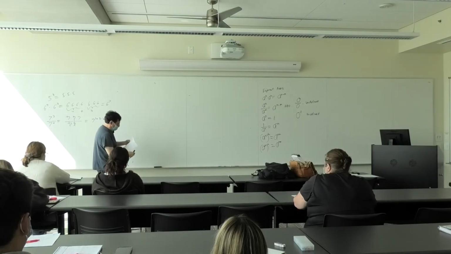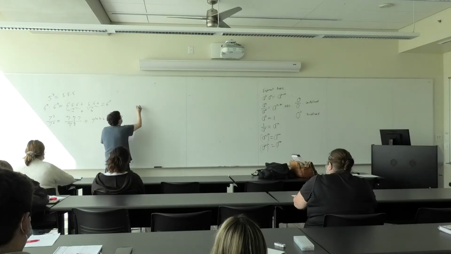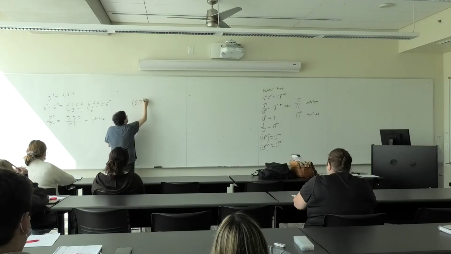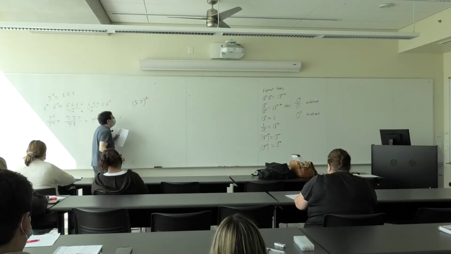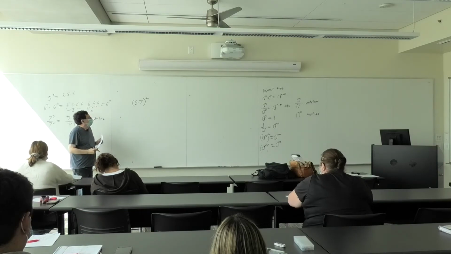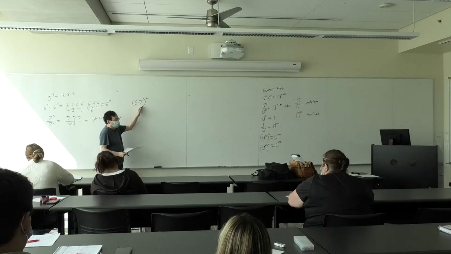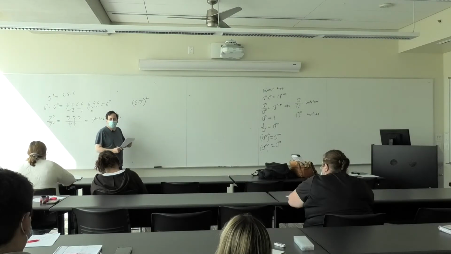So now we come to something like this. Let's say 5 times 7 squared. Well, one thing we can do is multiply these together. We get 35, and we can square that, right?